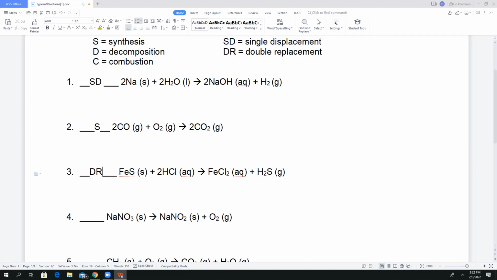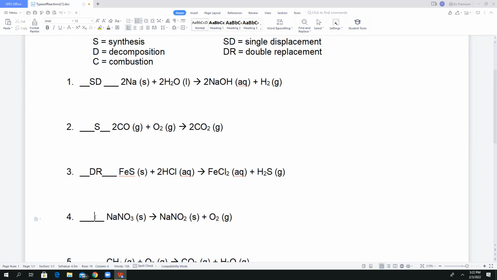This one is a decomposition, and this is hard to predict. Decomposition reactions, unless you really know what they're going to do, that's hard to predict. But usually what will happen, sodium's pretty reactive, and nitrate will reduce to the nitrite, and then you get a product of oxygen in this case.